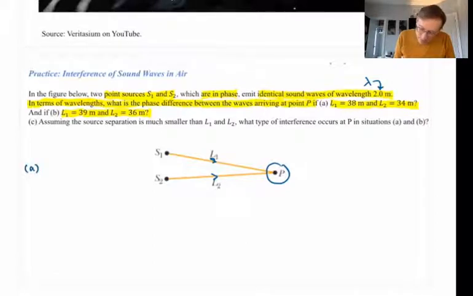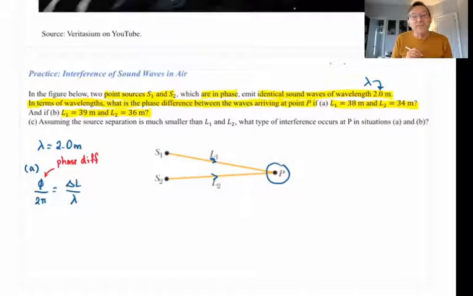All right, let's remember that the wavelength of these sound waves is 2 meters. I'm just going to go to that key relationship I talked about in the first slide, where I call, because I think this is better notation, or more consistent use of language, phase difference is reserved for that symbol phi in radians.